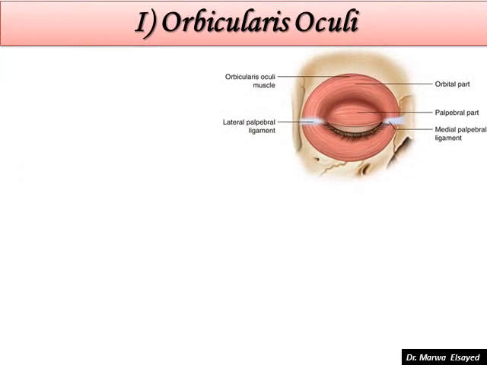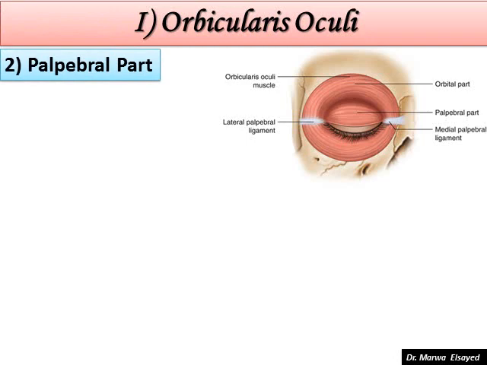Now we'll talk about the palpebral part of orbicularis oculi, present in the eyelids. The origin of the palpebral part is the same as the orbital part. It arises from the medial palpebral ligament, frontal process of maxilla, and maxillary process of frontal bone.